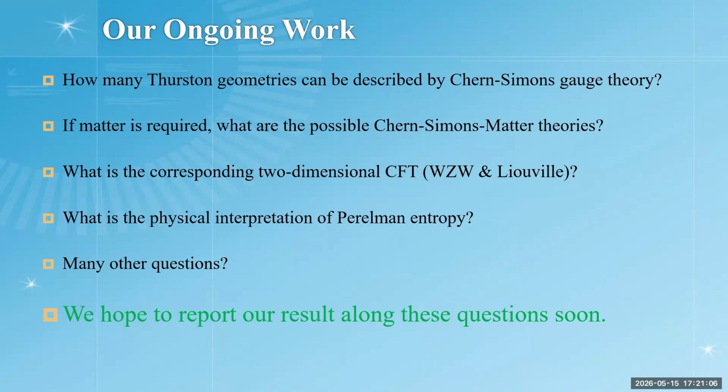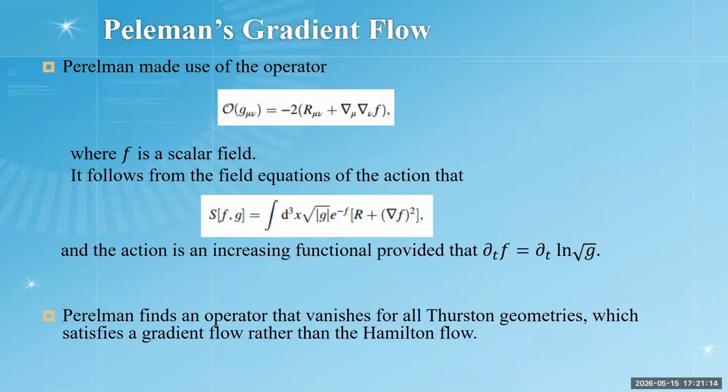Can Perelman entropy be applicable for any other geometries, even though it's not correct? We start with some arbitrary geometry, and this arbitrary geometry flows in some direction where this operator becomes vanishing.